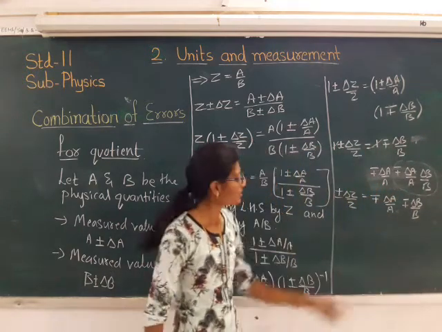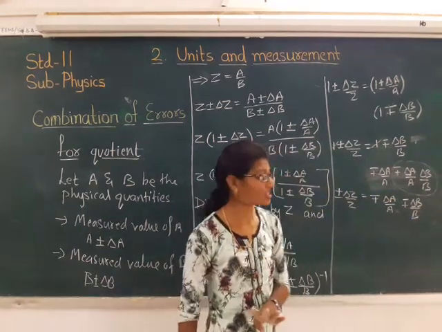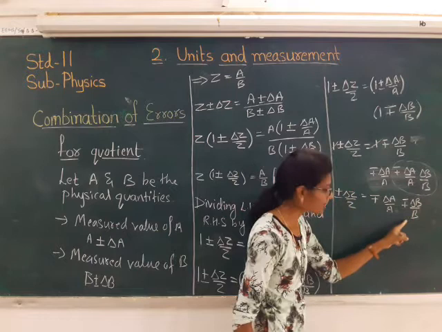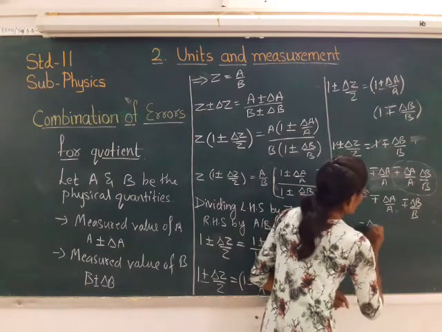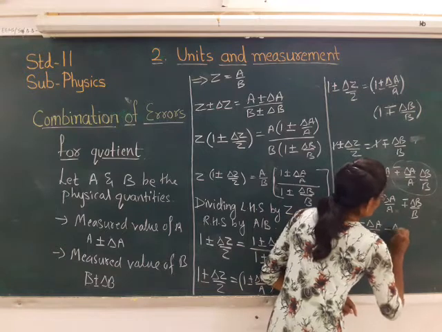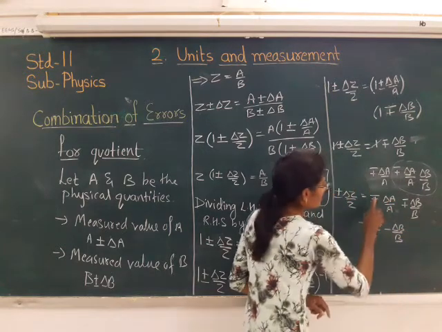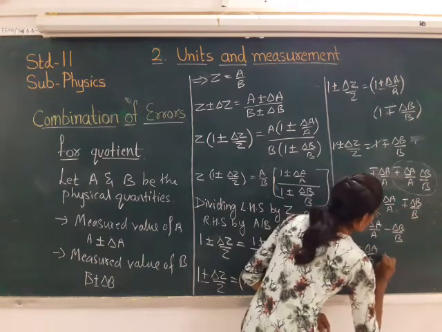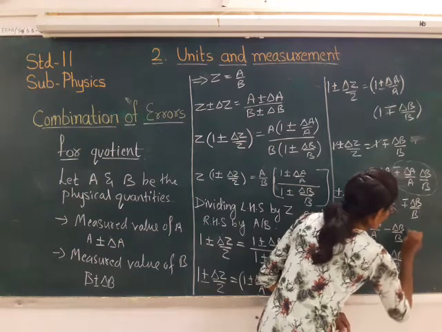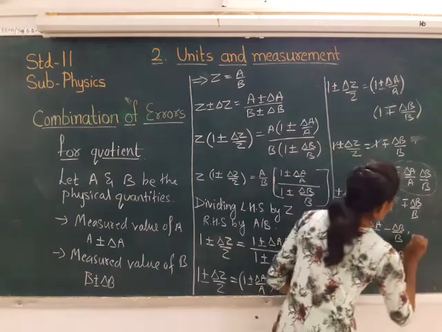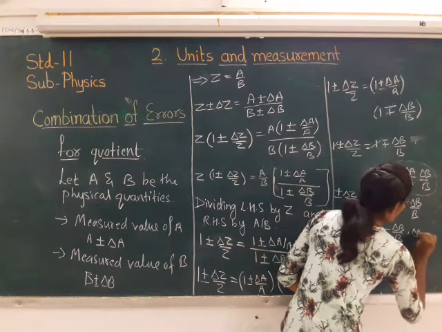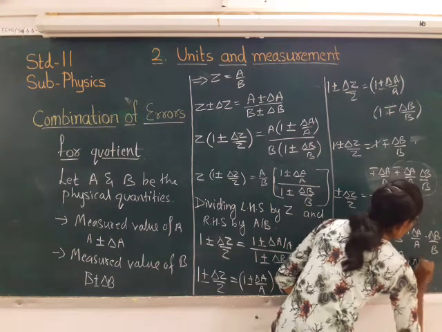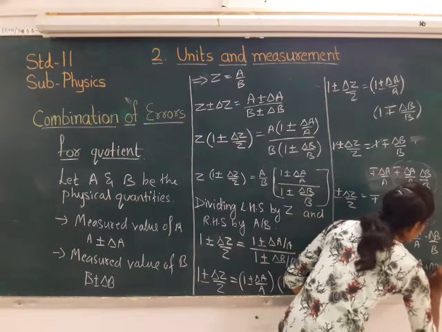Now for this I have 4 possible terms: minus delta a by a minus delta b by b; minus delta a by a plus delta b by b; plus delta a by a minus delta b by b; and plus delta a by a plus delta b by b.